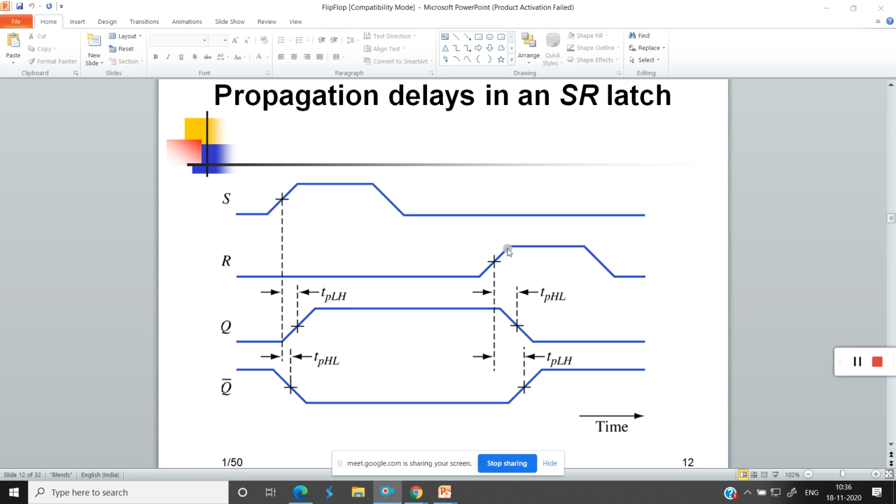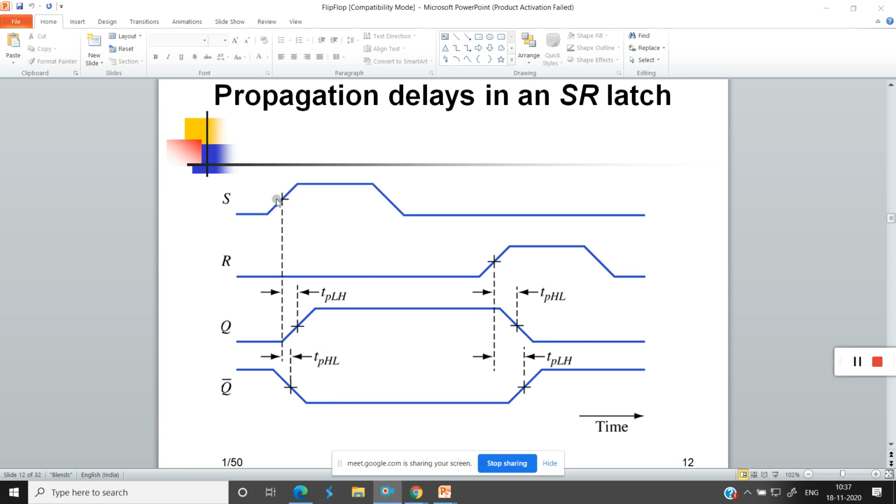Next, when R becomes 1, Q should be reset, that is, logic 0 will be latched. So TPHL is the propagation delay time when the output signal is moving from logic 1 to logic 0. Similarly, Q and Q bar are complements of each other.